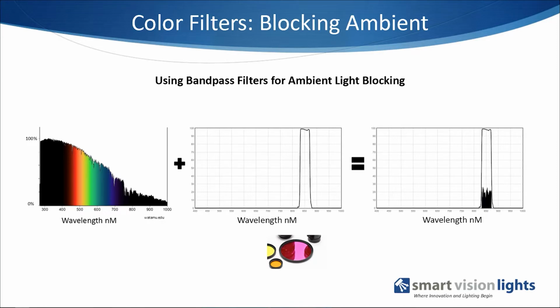But at 850, besides the fact the background noise is lower just in the near infrared than in the visible, at 850 there's actually even more of a dip, so it's a little easier to overpower this area.